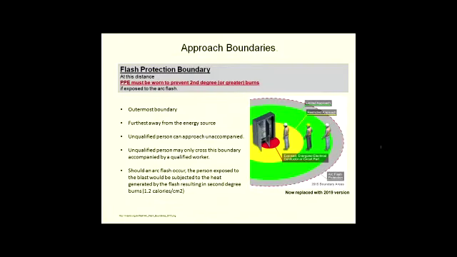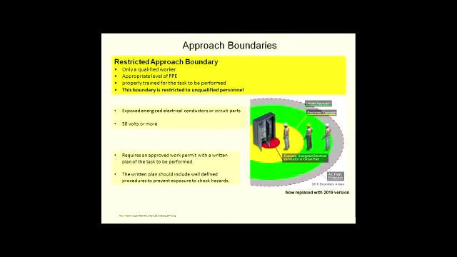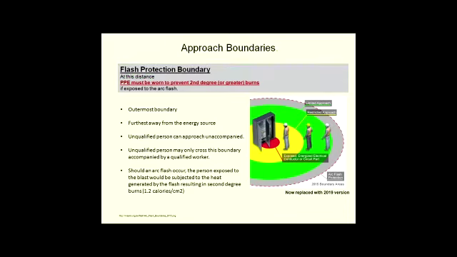Let's examine the first one here, the flash protection boundary. This is the gray. I put different colors on the names of the boundaries, and the colors correspond to this. PPE must be worn to prevent second-degree or greater burns if exposed to an arc flash.